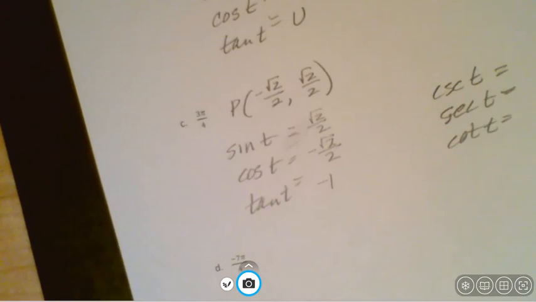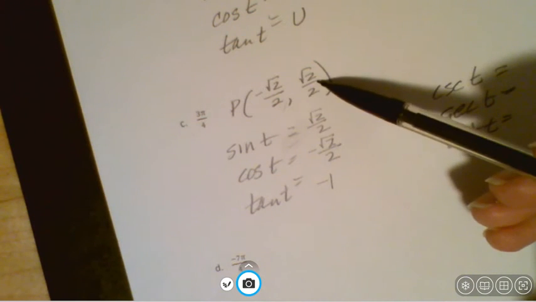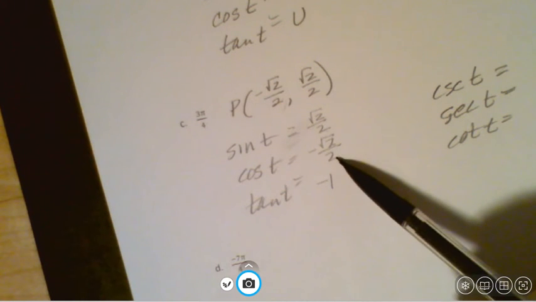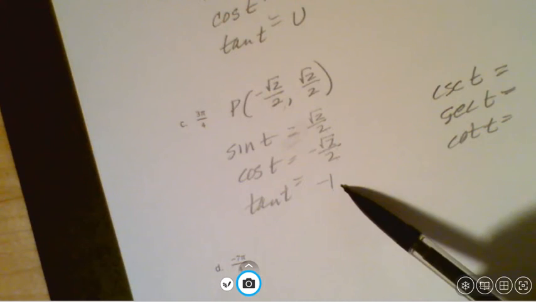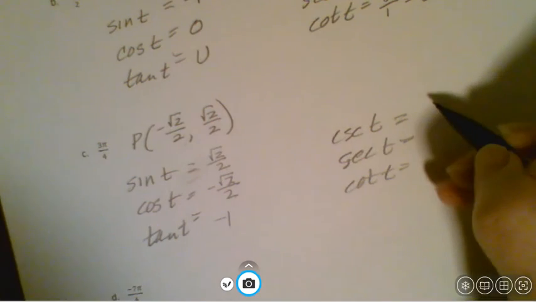Let me slow down. So we're at the point negative square root of 2 over 2, square root of 2 over 2. There's our y, there's our x, and there's y over x. Okay, cosecant of t.